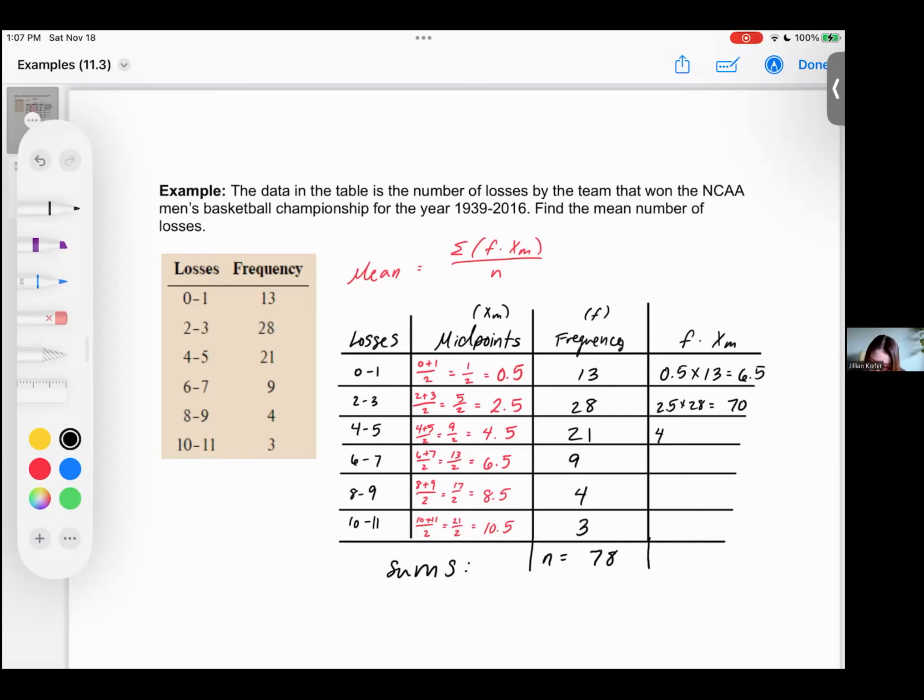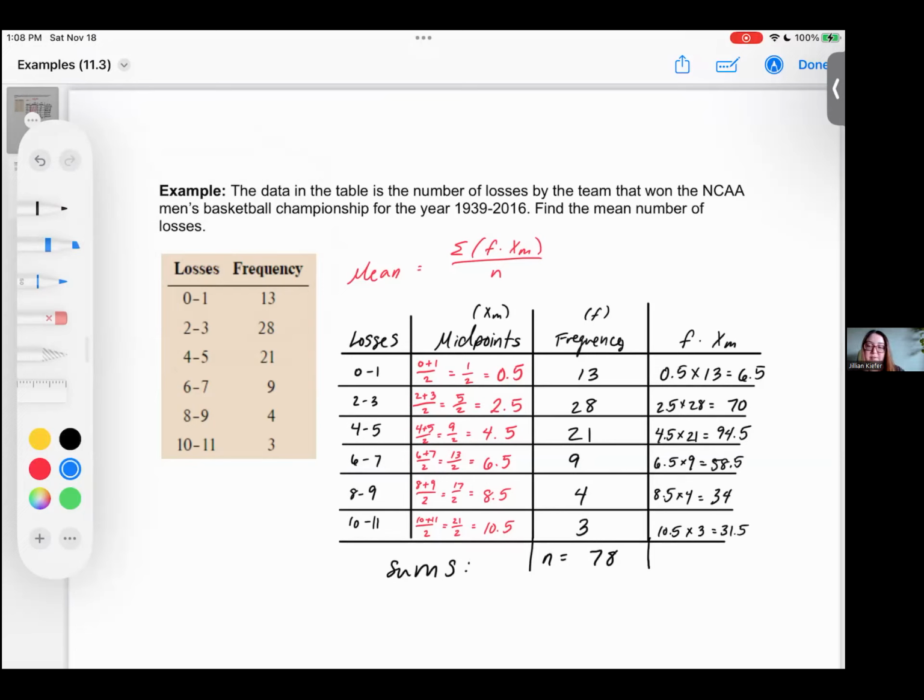Then we have 4.5 times 21, which will give us 94.5. 6.5 times 9 will give us 58.5. 8.5 times 4 will be 34. And 10.5 times 3 will be 31.5.